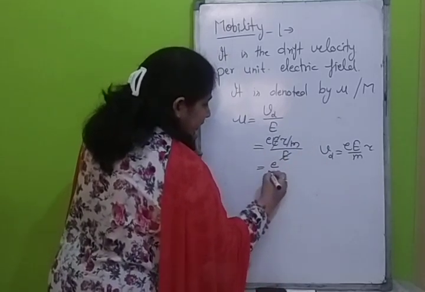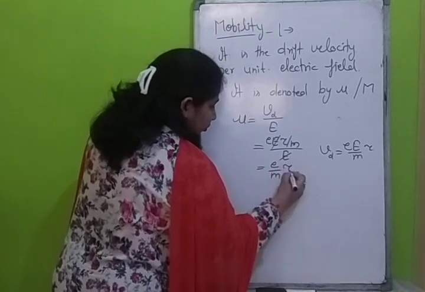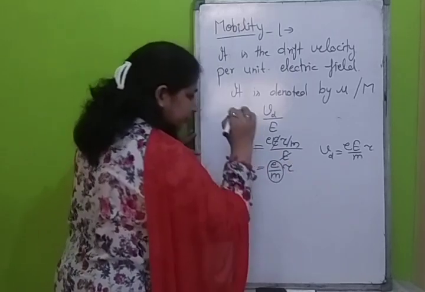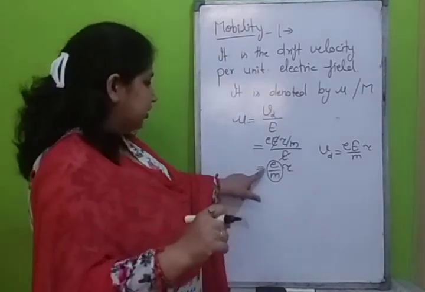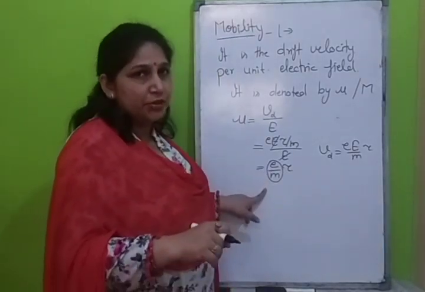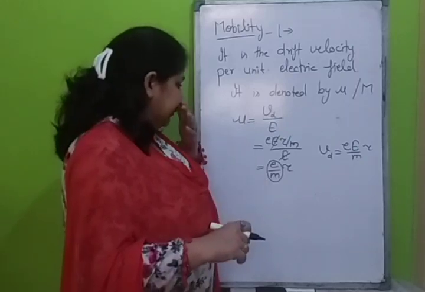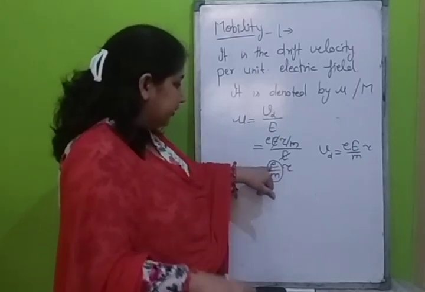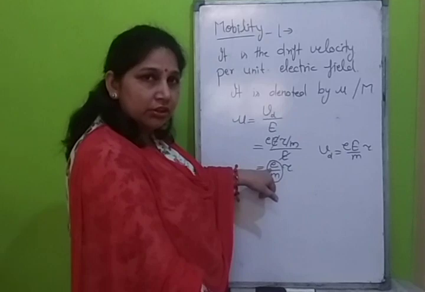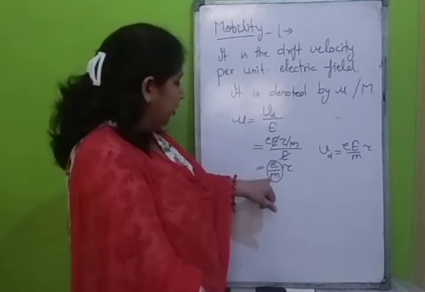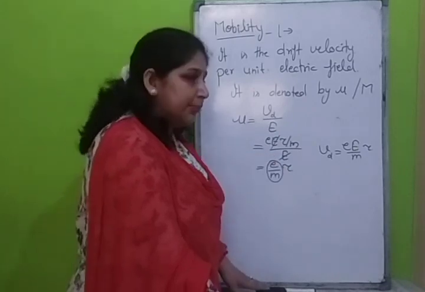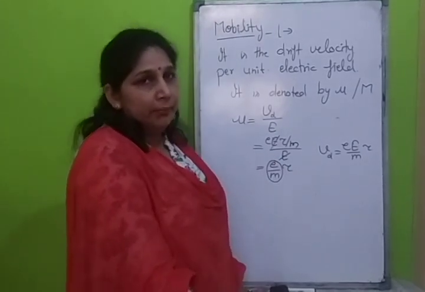Then small e tau upon m. As this term remains constant for all the substance, this is the ratio of electric charge per unit mass. Means this remains constant. This is the electric charge of electron, and this is the mass of electron. Means this remains constant for all the material.